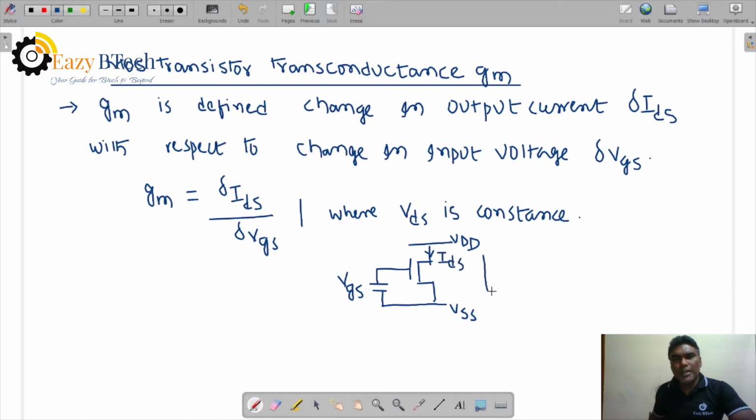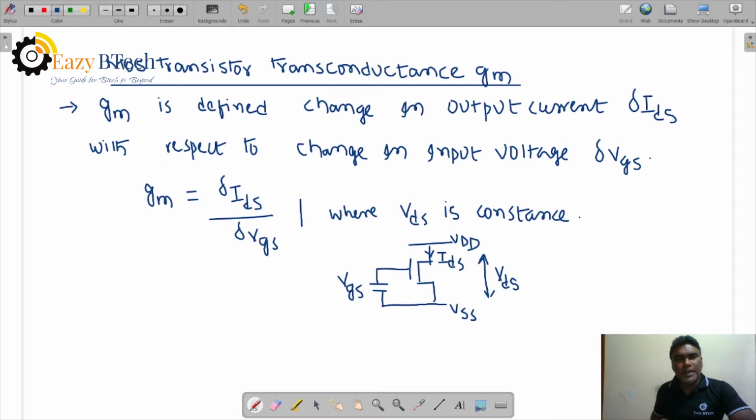The voltage from here to here is called VDS, the drain to source voltage. So the current through this drain to source depends on this external gate to source voltage. This is called the transconductance.